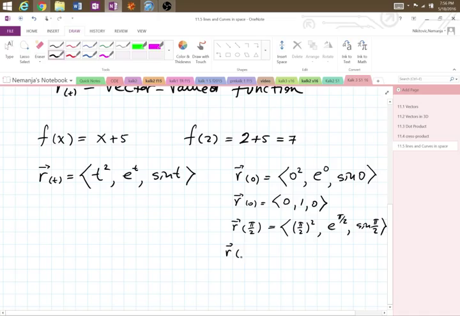So r of pi over 2 is pi squared over 4, e to the pi squared, and then sine of pi over 2 is 1. Now you can take your calculator, push the numbers, and you will get decimals and you will know where to graph that vector.